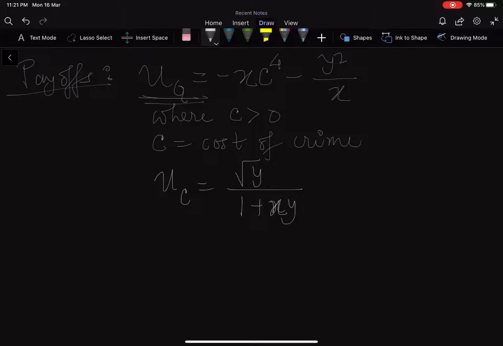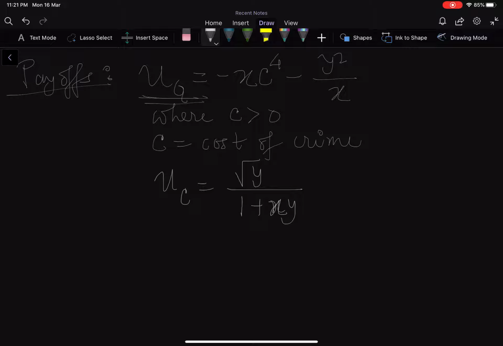You can think of this as, suppose the criminal commits crime of quantity y, root y is the payoff of the criminal conditional on not being caught. Suppose 1 by 1 plus xy is the probability that the criminal doesn't get caught. So the expected payoff is 1 by 1 plus xy, the probability of not getting caught, times the payoff from the crime, which is root y. With the rest of the probability, you get caught and your payoff is 0. So that's why there is no other term. That's how to interpret this term.